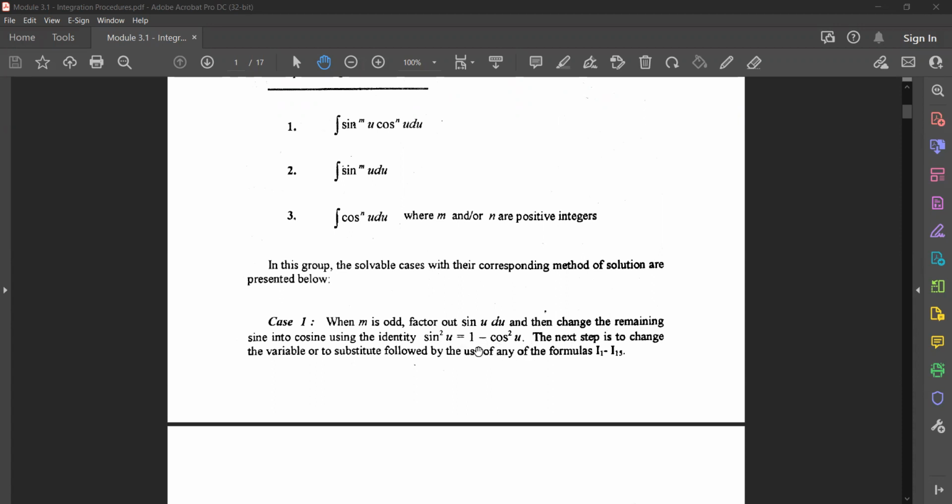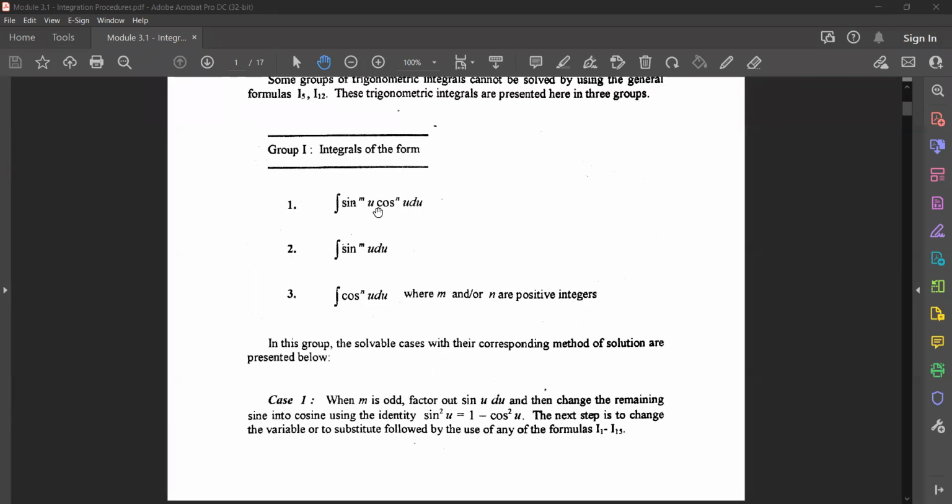So transpose natin siya yung cosine squared para makuha natin yung sine squared u. Okay, so that is 1 minus cosine squared u na. Okay, so this came from the trigonometric identities. So we use the trigonometric identities to solve this form of integral that cannot be solved using the general formula. So it's sort of a factorization and then substitution using the trigonometric identities.